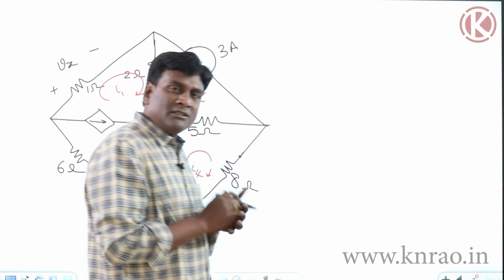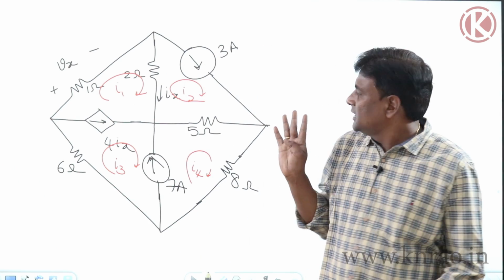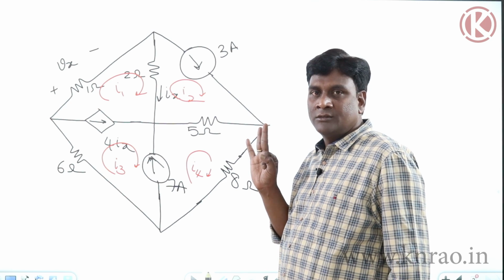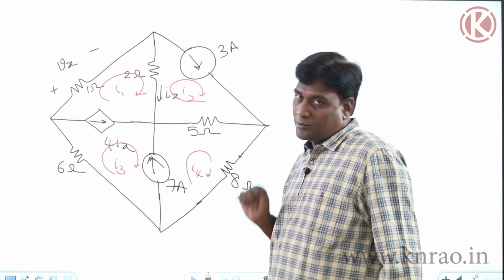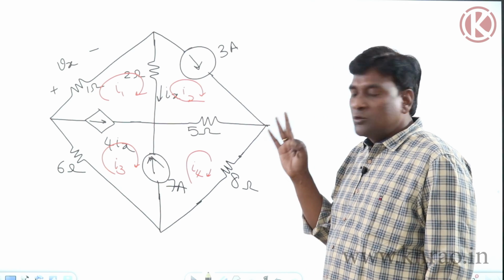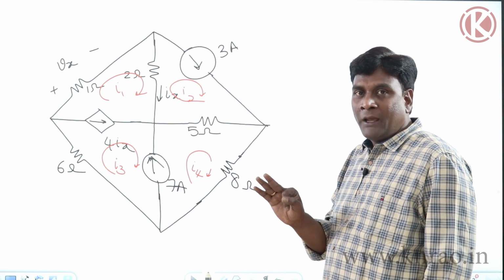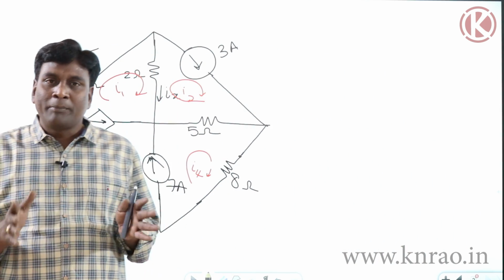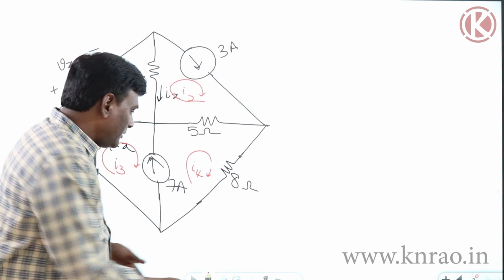How many meshes are there again? 4 meshes are there. How many current sources are there? 1, 2, 3 current sources. This is actually a wonderful problem. 3 current sources are there, so 3 relations should come. Out of 4, only 1 time should you be able to apply KVL. Now let us see.